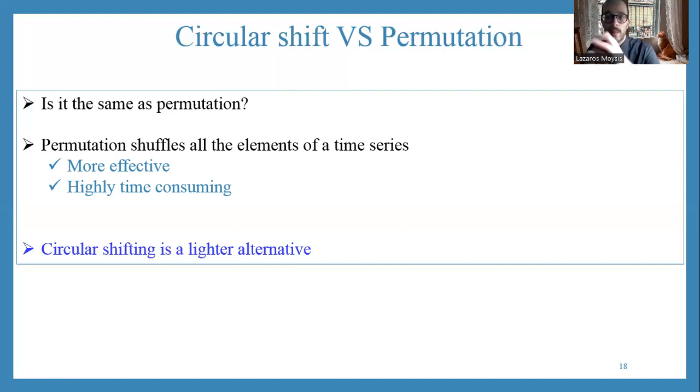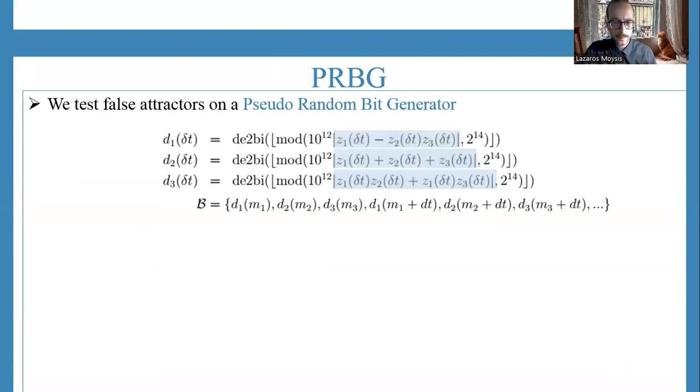It is less secure, but it is extremely quicker to perform, much less time consuming, and much more computationally efficient. So we can consider this a lighter alternative to permutation, which is a very big gain as well.